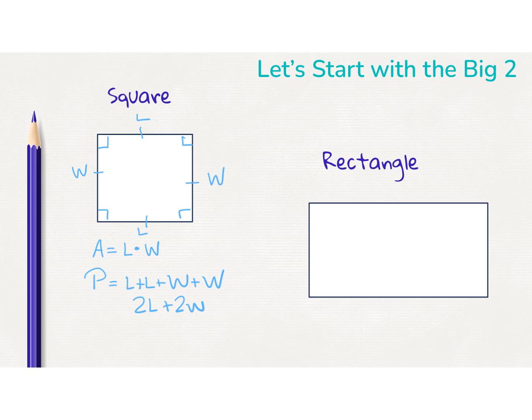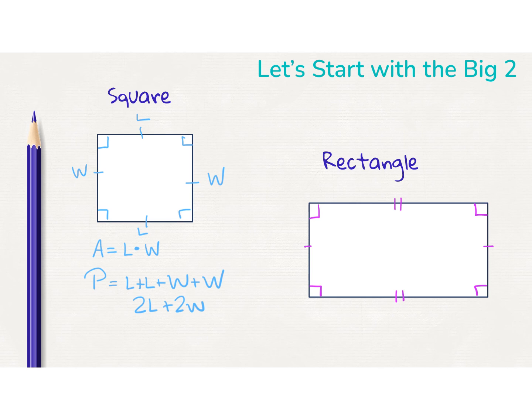Let's move into the idea of the rectangle. The rectangle, very much like the square, has perpendicular lines that meet at 90 degrees all the way around. They have two pairs of sides that have the same length.